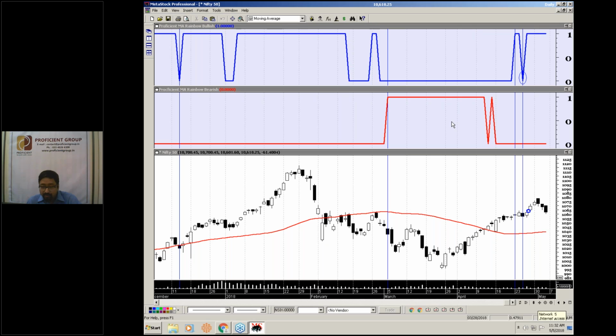Right now on my screen, what you are seeing is the daily chart of Nifty, and I have also worked out a trading system based on moving averages, where the topmost pane is a cluster of 6 moving averages of 50, 48, 46, 44, 42, and 40 denomination.